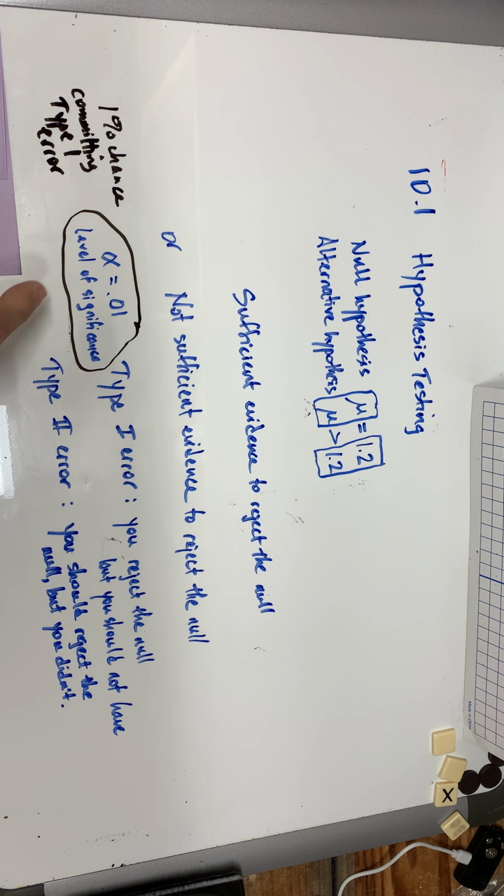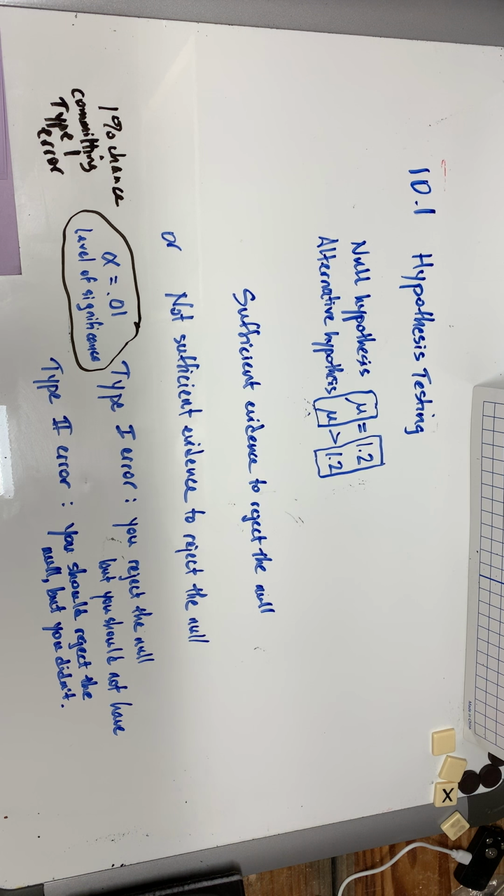If the level of significance was 0.05, then I would have a 5% chance of committing a type 1 error. If it was 0.10, I would have a 10% chance of committing a type 1 error. So there's a very specific connection between this level of significance and the chance of committing a type 1 error. Okay. All right. So that's all I have for this section.